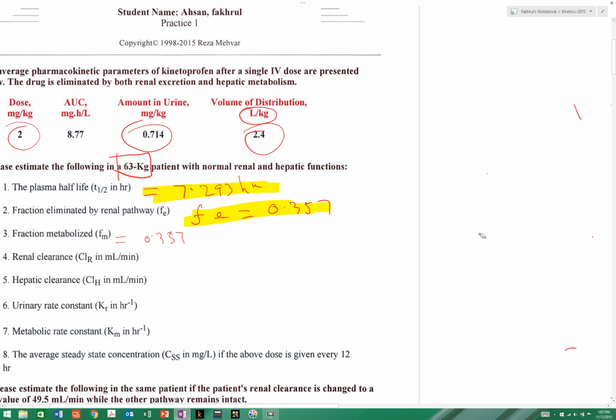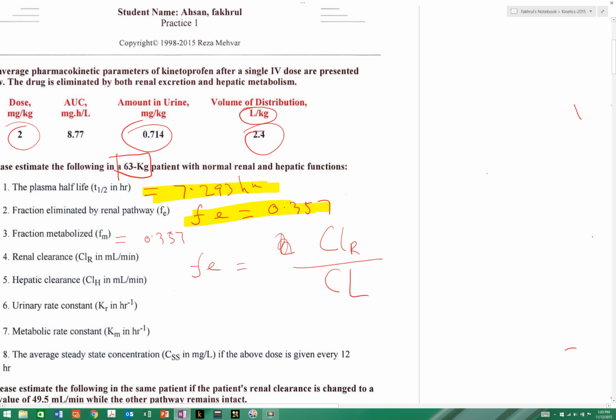Now renal clearance, CLR. What are we going to do with the CLR? If you remember Fe, the equation is CLR divided by CL. The big one is always going to be in the bottom.